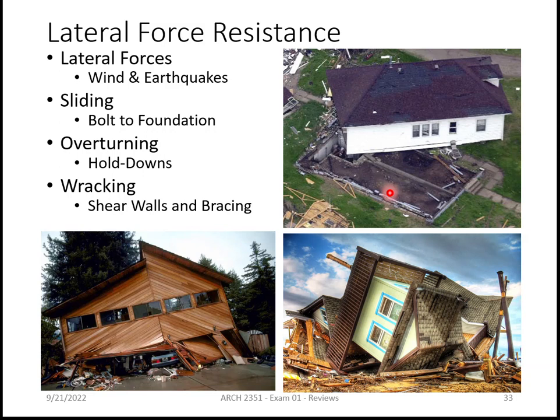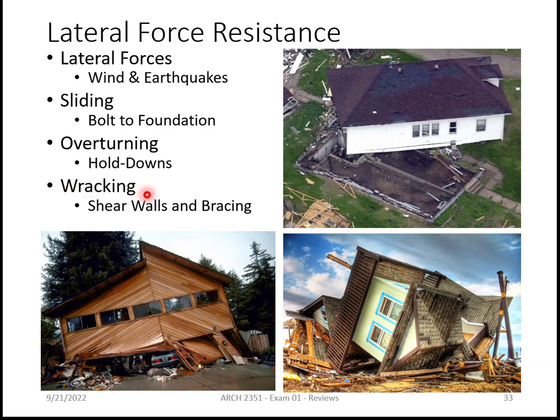So racking, shear walls and bracing. One of the most common light wood frame structural methods used to account for lateral loads in wall framing. The two most common methods.